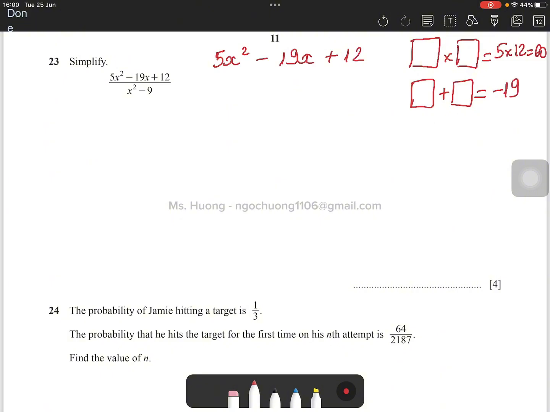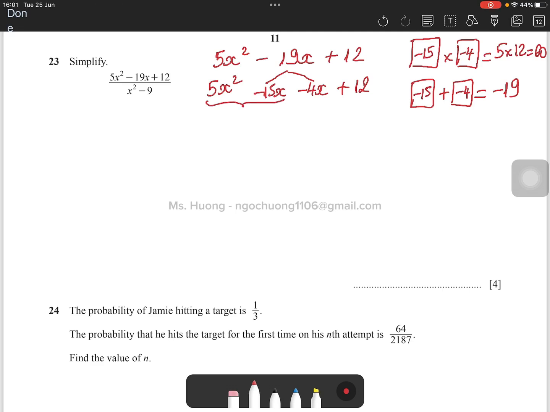So the two numbers are negative 15 and negative 4, because negative 15 times negative 4 is 60, and negative 15 plus negative 4 is negative 19. So I will split the middle term into negative 15x and negative 4x and write plus 12 again.